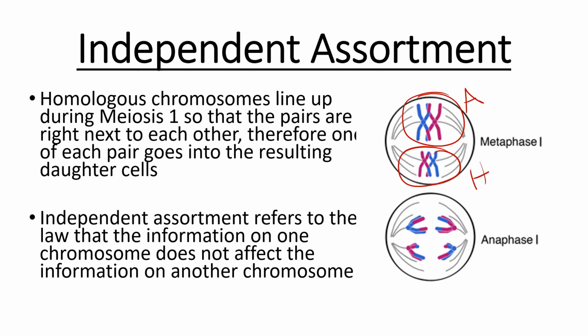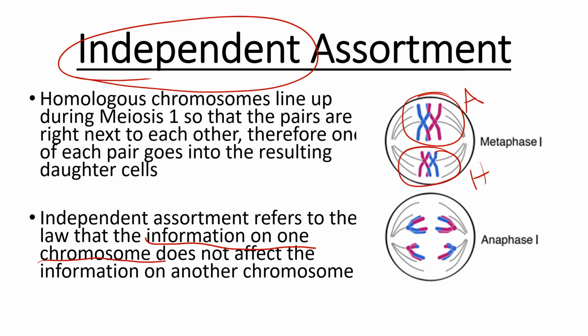Those 2 traits sort independently. So each of your traits sort by themselves. This is why you might have your mom's eyes, but your dad's nose, because those two traits do not depend on each other. So what we're saying here, the information on one chromosome does not affect the information on another chromosome, right? Each chromosome is sorted independently.